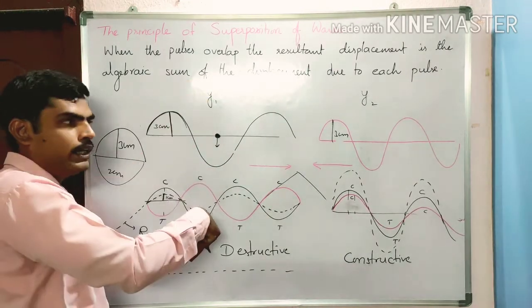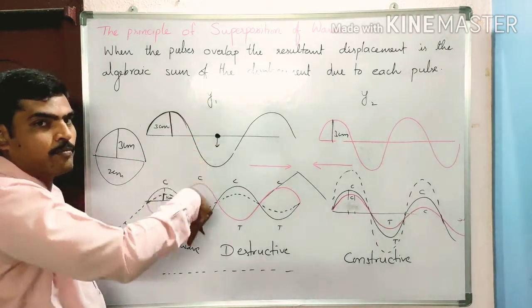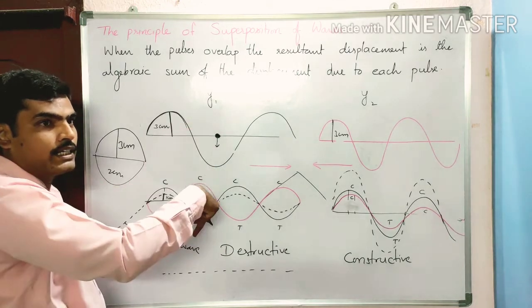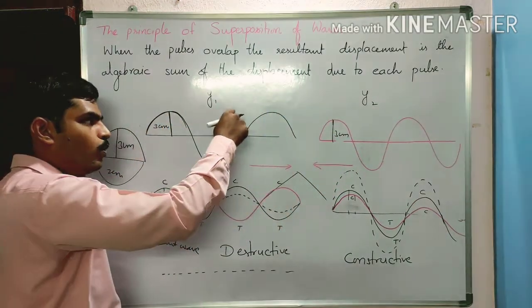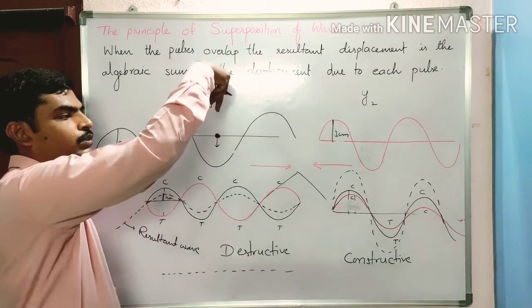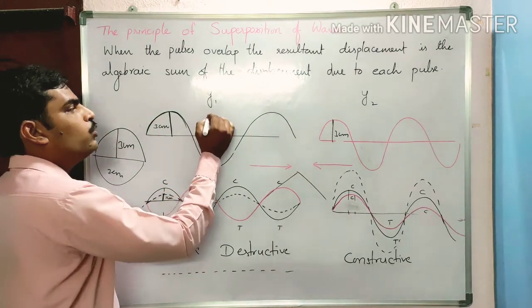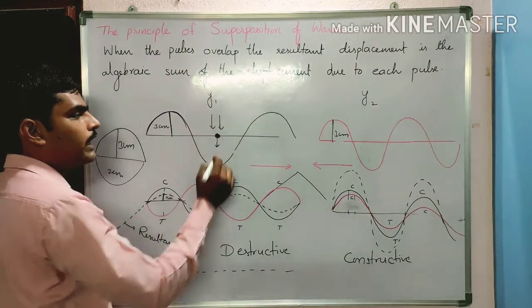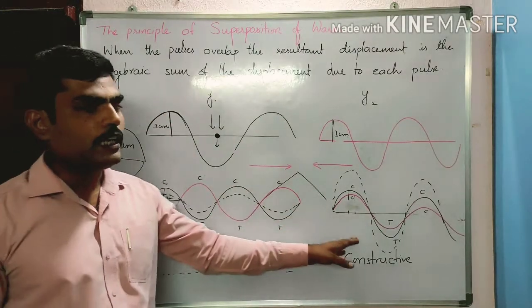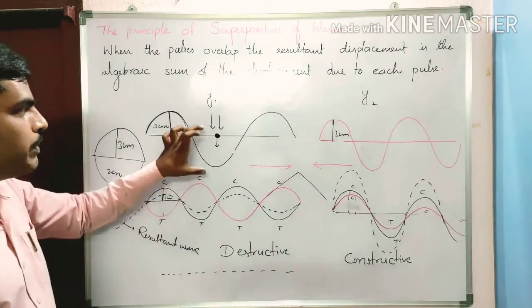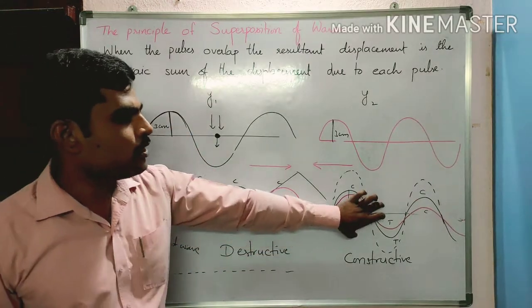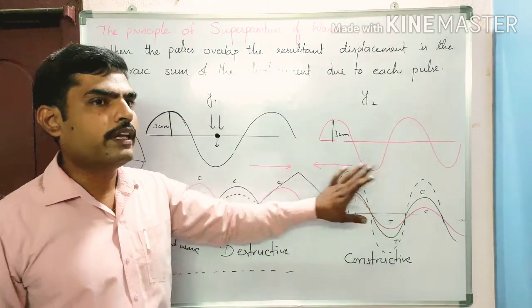Means already downward force is there. Then this wave which is overlapping also will give a downward force. So the two forces are acting in the downward direction. The resultant force will be high. So displacement will be high in case of constructive interference.